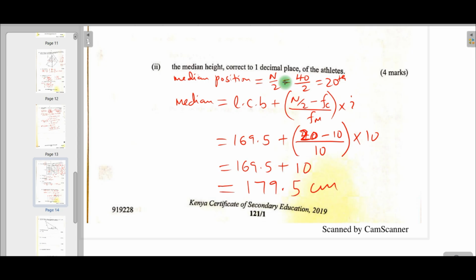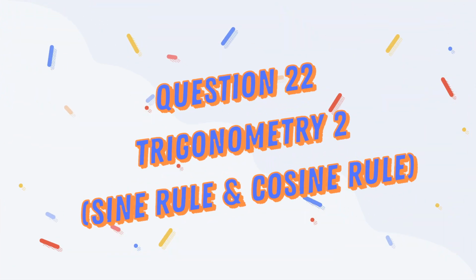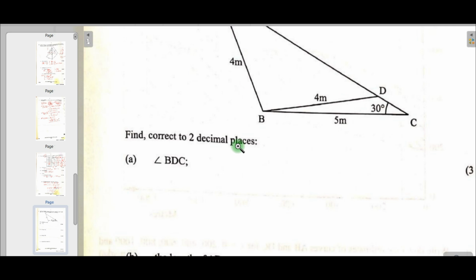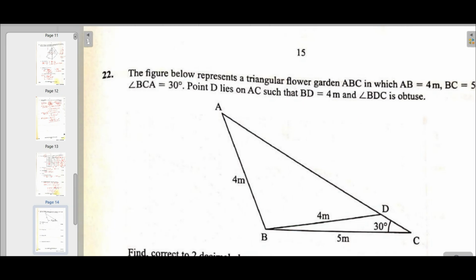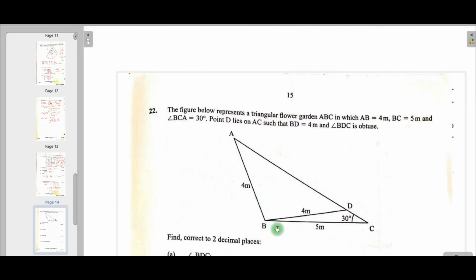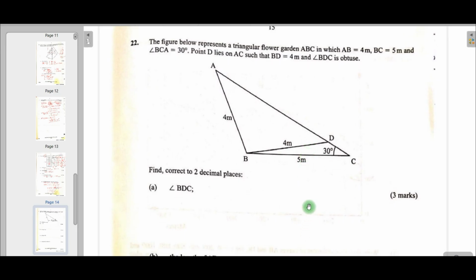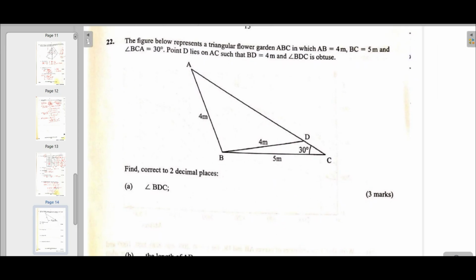Then we proceed on to question number 22. The figure below represents a triangular floor garden ABC in which AB is 4 cm, BC is 5 cm, and angle BCA is 30 degrees.